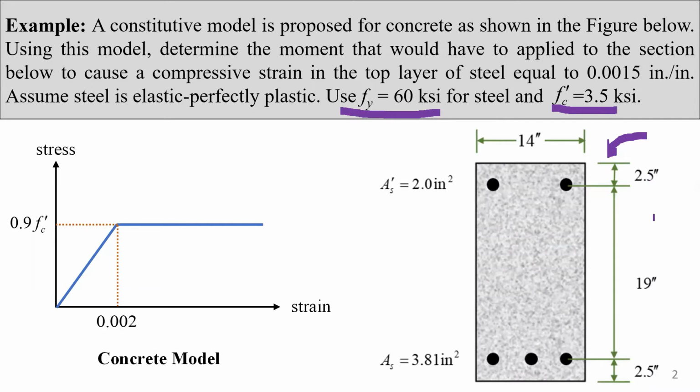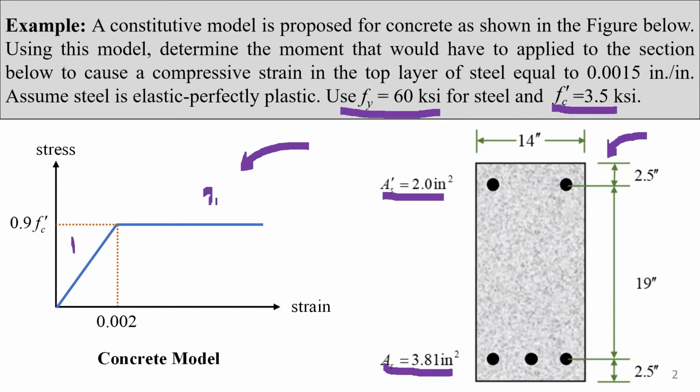The beam cross-section and its reinforcement are all given. The area of the compression steel is 2 square inch, and the area of tension steel is 3.81 square inch. The stress-strain behavior of concrete is also given. Notice that it consists of two parts.